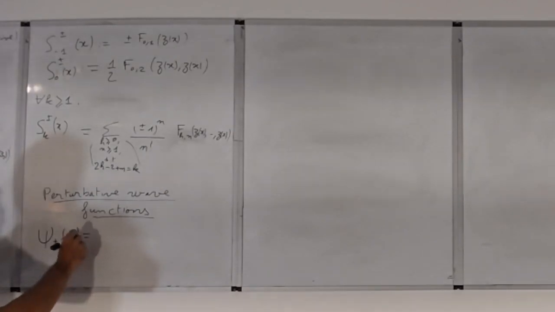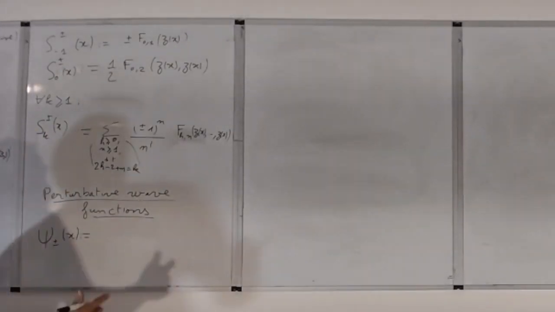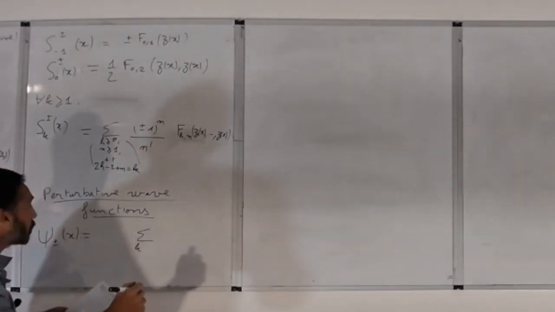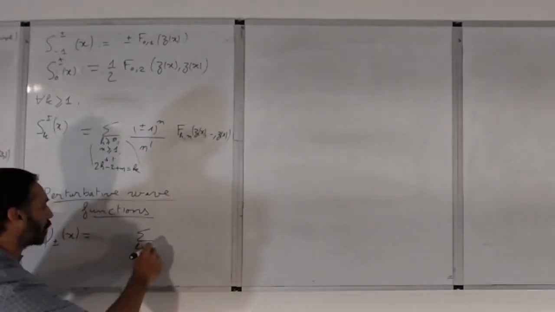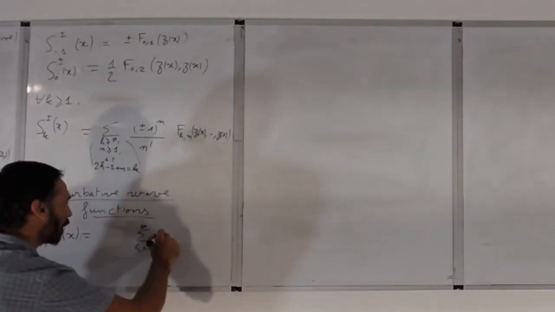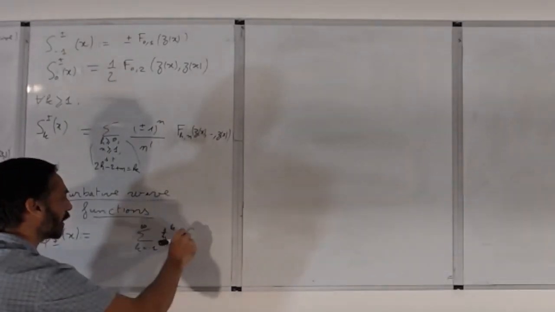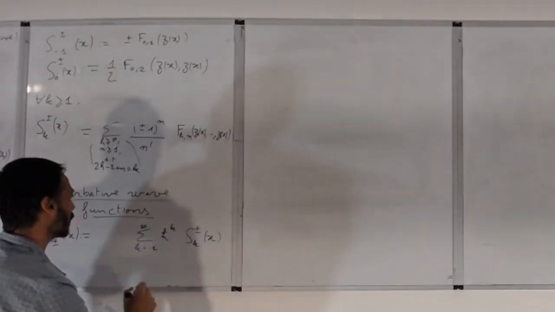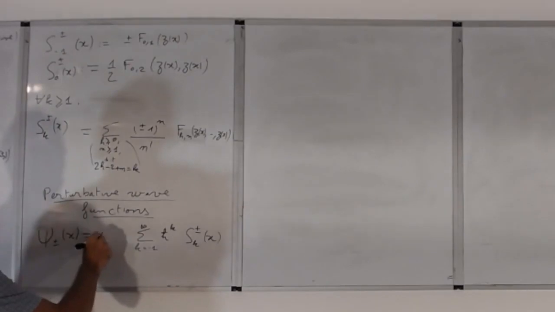So what do we do? As usual, you sum over k from -1 to infinity, h bar to the power k is k plus minus of x. And you just exponentiate that.